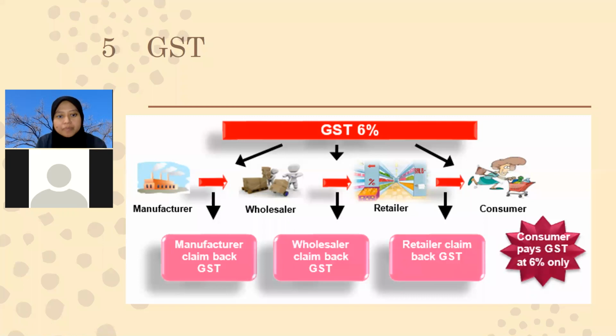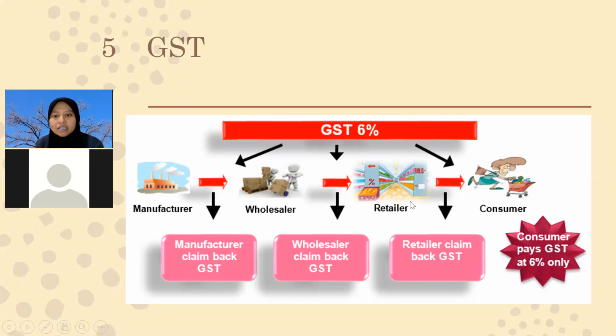customs. Then the wholesaler will sell to the retailer. Same process again: the wholesaler will impose GST on the retailer, so the wholesaler will collect money from the retailer. At the same time, the wholesaler can claim back whatever GST they paid when they purchased from the manufacturer. The amount will be set off, and then they pay the difference or claim a refund for the difference.